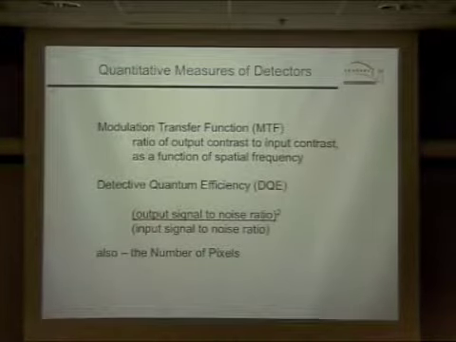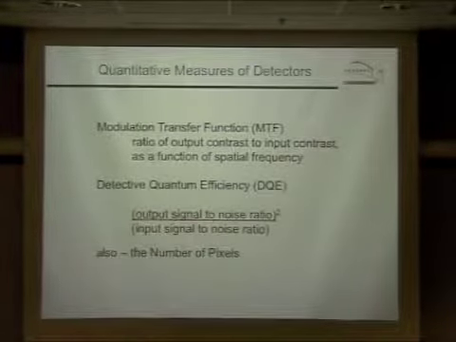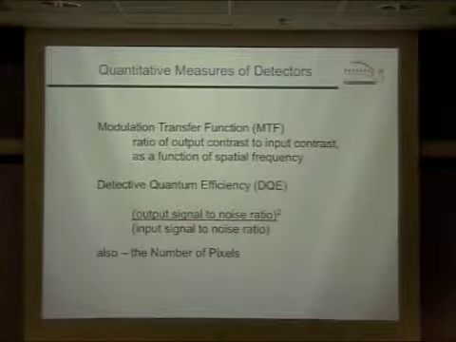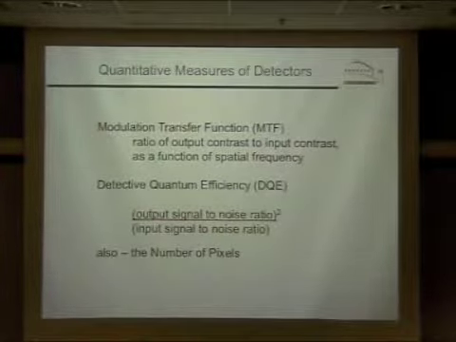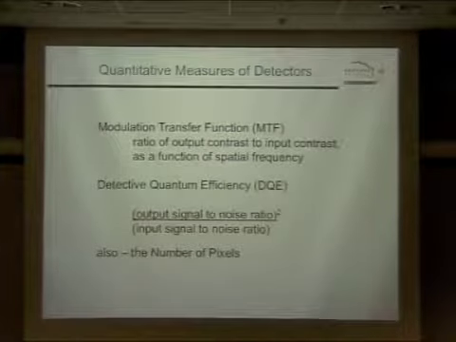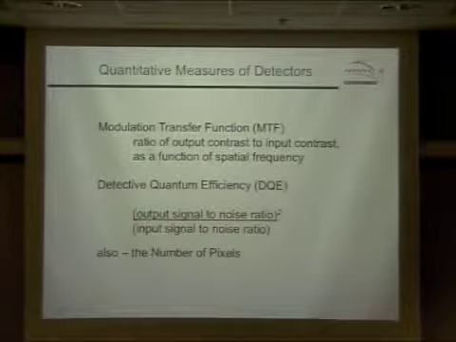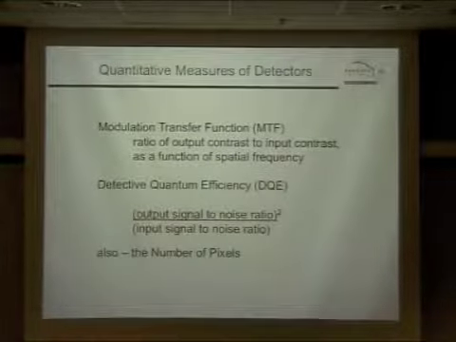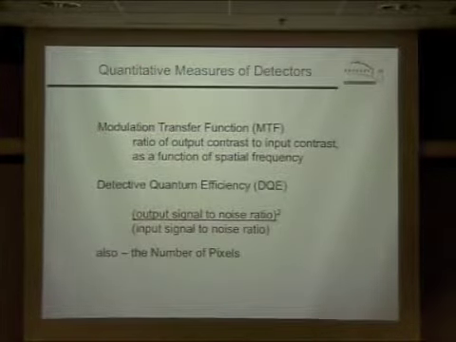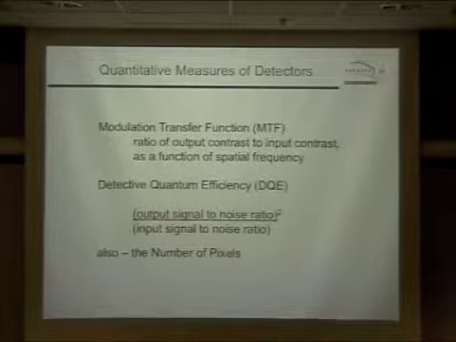I must have this backwards. Since the DQE is always less than 1, the output signal to noise ratio is always lower, since signal to noise ratio decreases, of course, so this is correct. But it's the signal to noise ratio that this addresses.